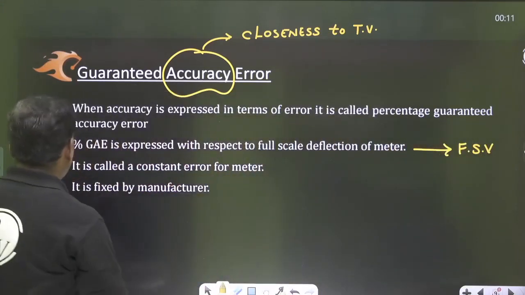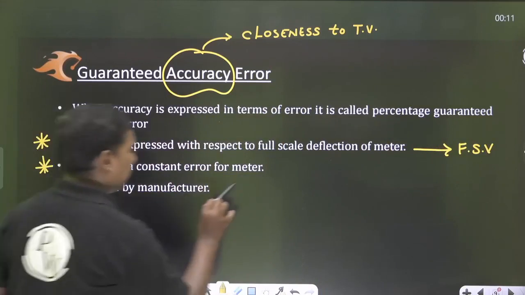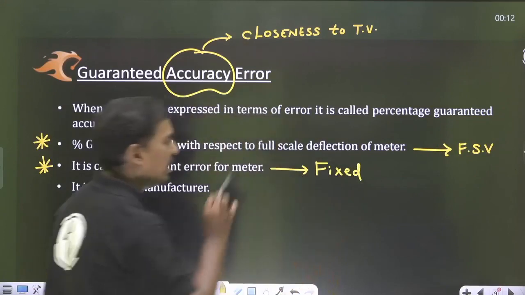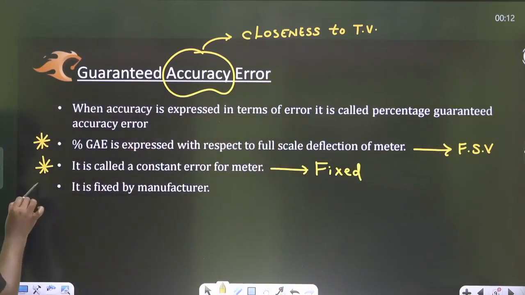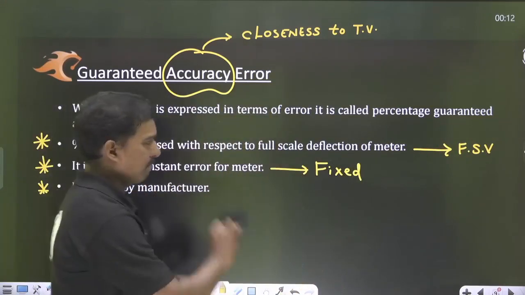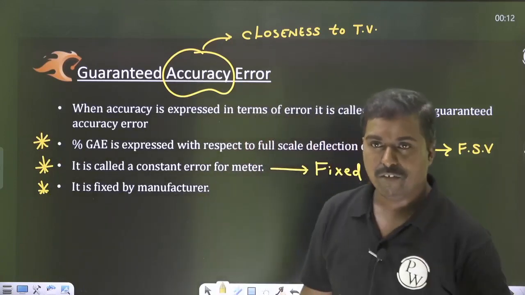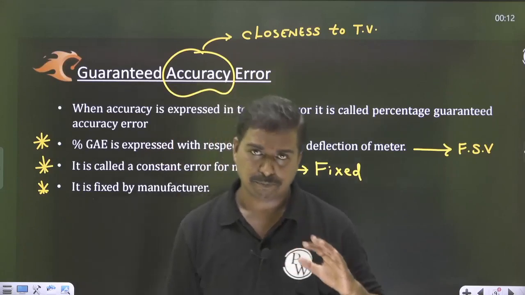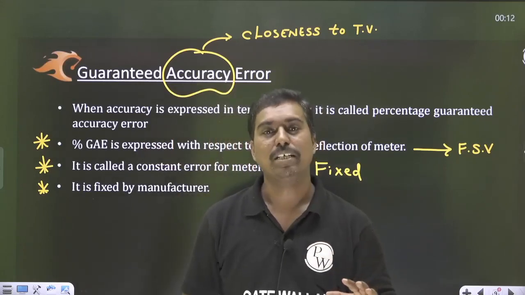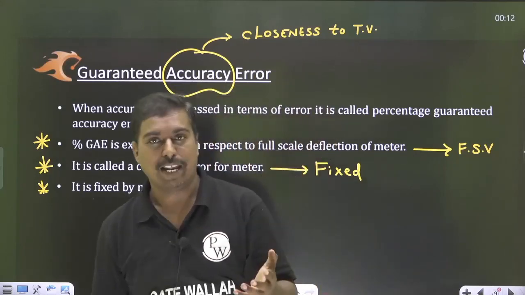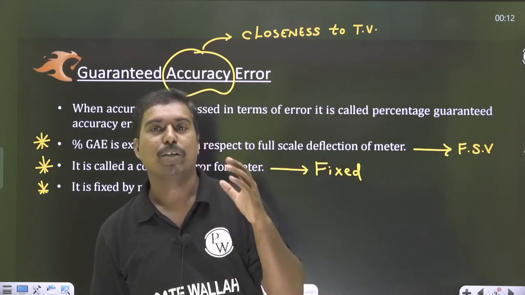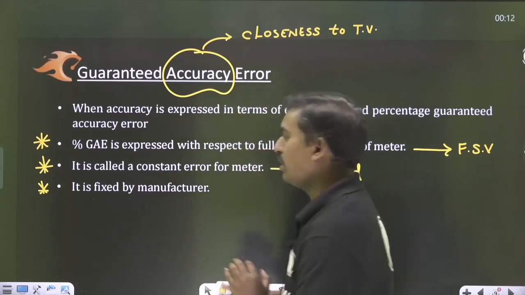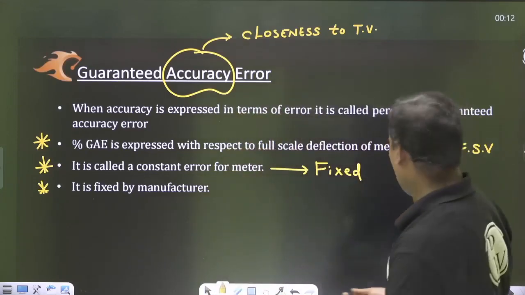It is always fixed, and it is fixed by the manufacturer. The manufacturer will tell you that if you are measuring the full scale value, there is a guaranteed error of 1% or 2%.